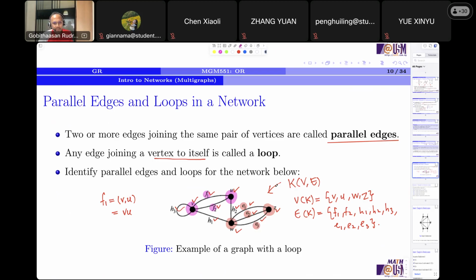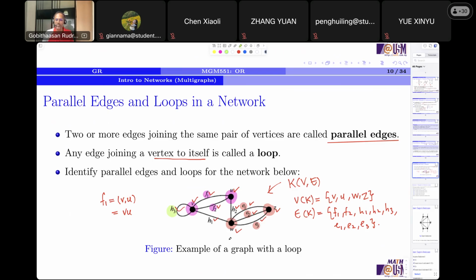Do we have a loop? A loop is any edge joining a vertex to itself. So there is a loop, in fact, H3. H3 is a loop connecting V to itself. Do we have any other loop? No, right?